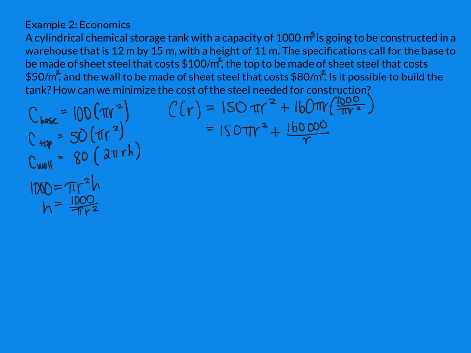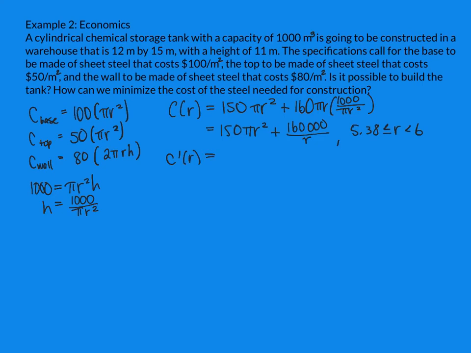Which simplifies to that. And we know that this has a domain restriction. So again, we have a defined interval. So since we're looking to minimize, we know that we're looking for when the derivative is 0.